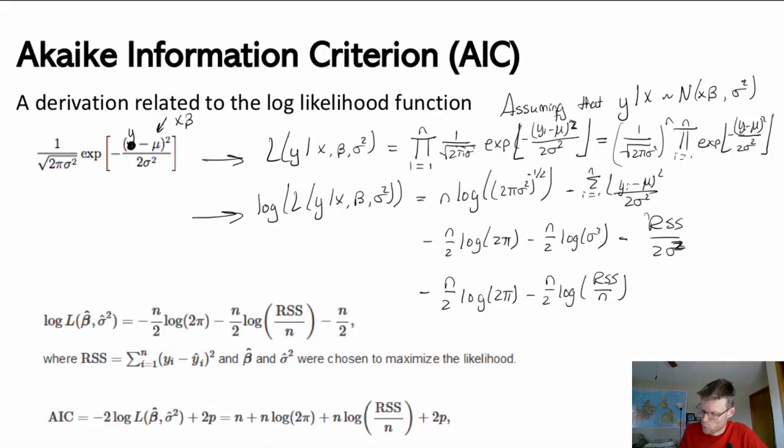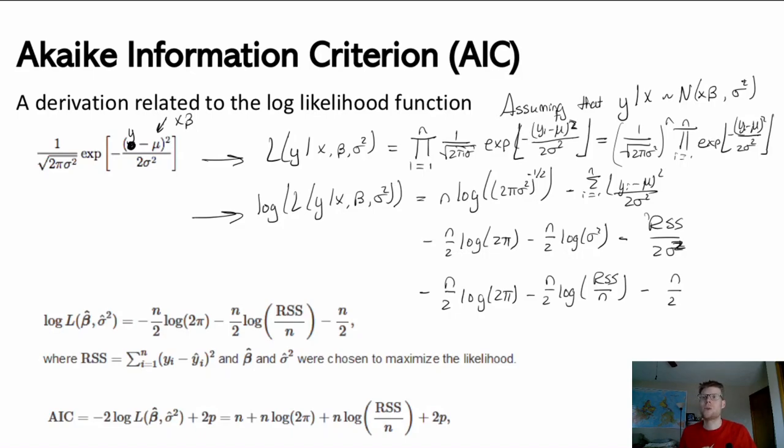So that's just going to simplify to minus n over 2, because the RSS values are going to cancel out in that case, and then I have an n in the denominator of the denominator that just goes to the numerator. And so this would be the log likelihood function of the response variable values that I observe, given that I am predicting them with a model with x beta as the mean and sigma squared as the variance.